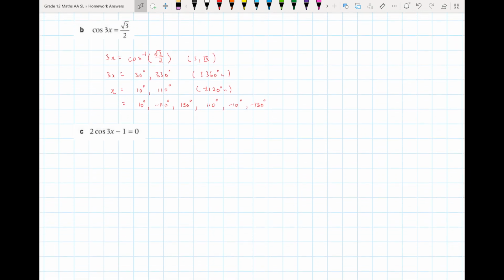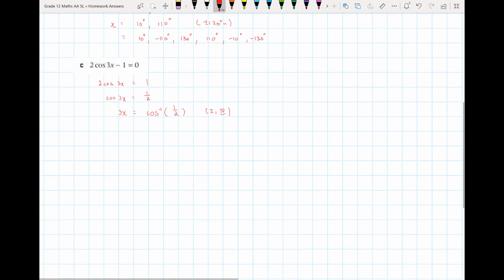Now, part C is actually quite similar to what we've done before, except there is an extra step or 2 in order to isolate the ratio first. So now let's go ahead and undo the cosine. So we want positive, right? So therefore quadrants 1 and 4 once again.